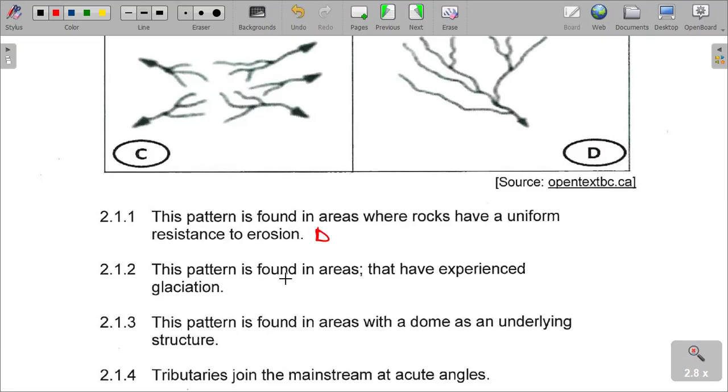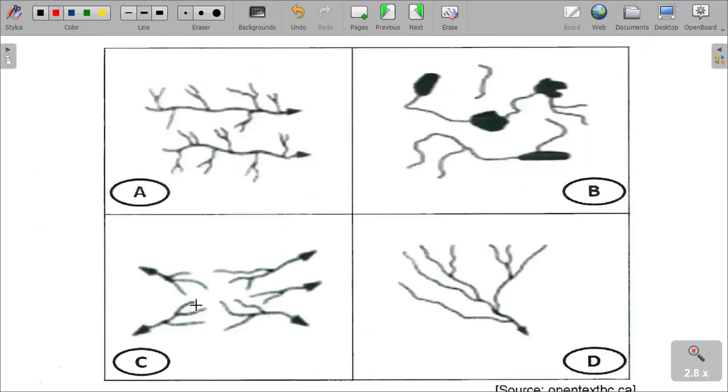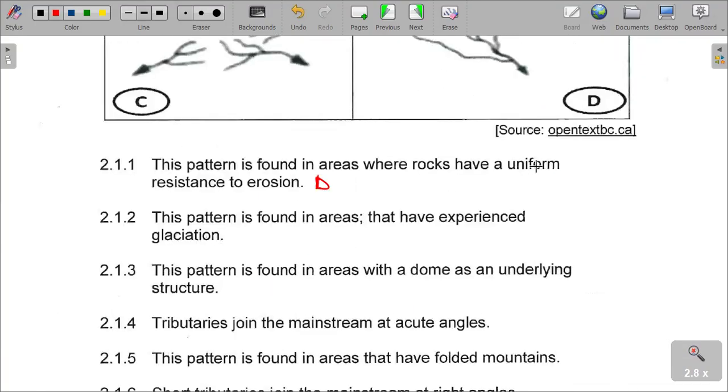And then this type is found in areas that have experienced glaciation. Glaciation is found where there has been freezing ice lands, which is B. So it is B. This type of pattern is found in areas with a dome as an underlying structure.